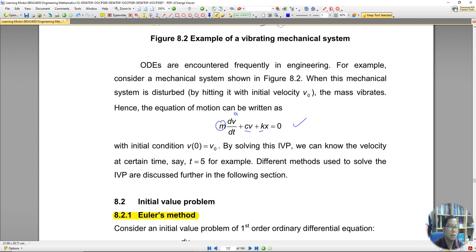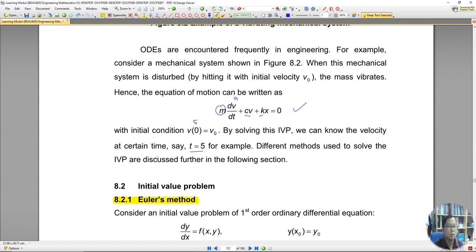And the initial condition V equal to V0 at t equal to 0, meaning we know the initial velocity. By solving this IVP, we can know the velocity at a certain time, let's say t equal to 5. The different methods used to solve the IVP will be discussed further in the following section.